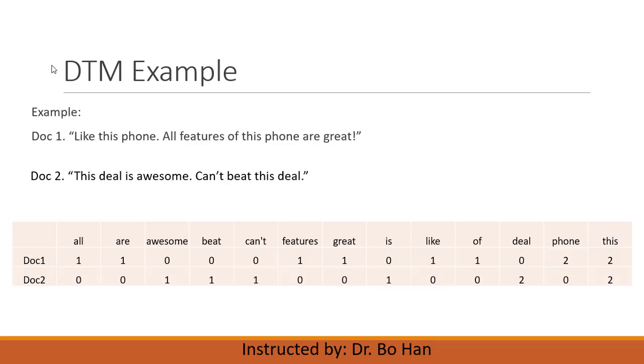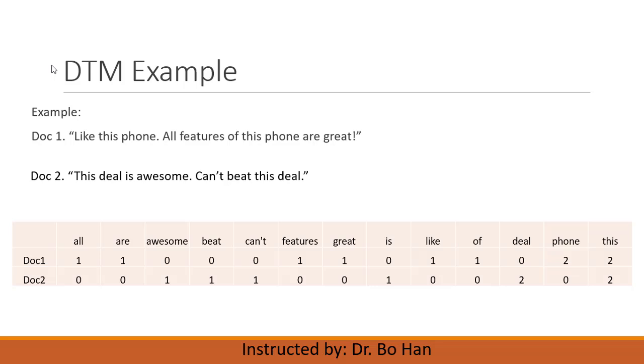Let's see another example. Deal. Deal didn't appear in the first online review, so I mark 0 for deal in the first document. But this term deal appeared twice in the second document. So I mark 2 for deal in the second document. What about another example? Let's take a look at the term this.